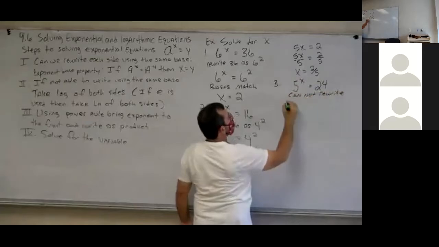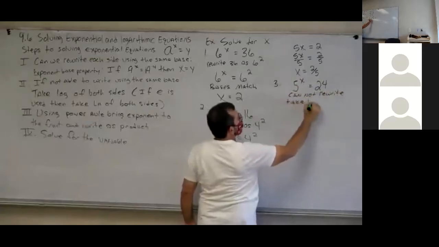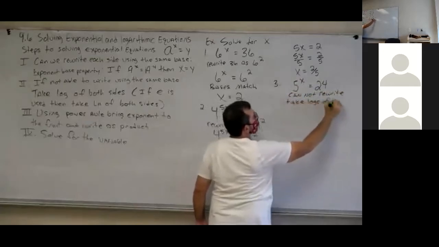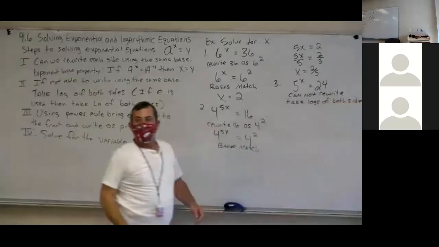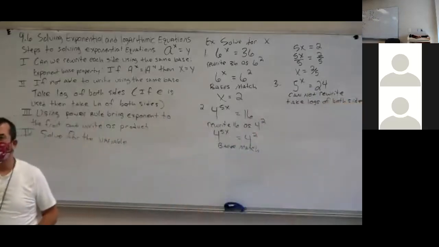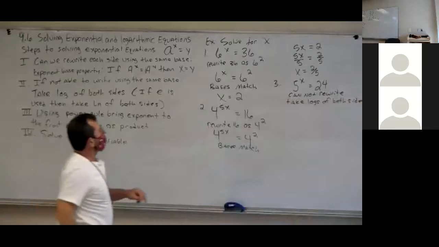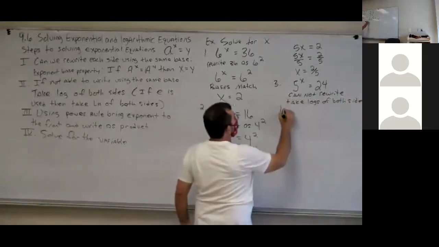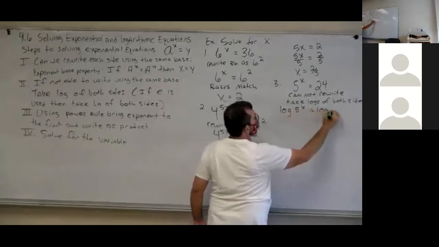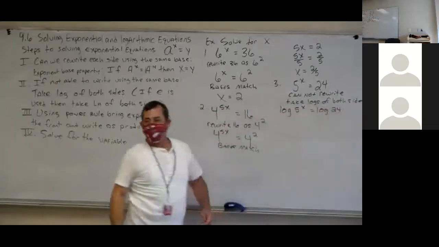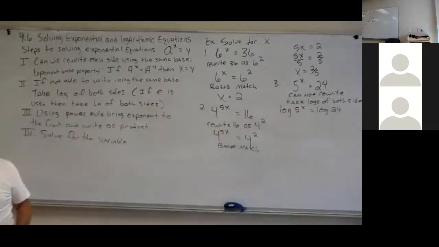Since there's no way to rewrite it, I'm going to take logs of both sides. All right, so I'm taking the log of both sides. So the log of 5 to the x will equal log of 24.